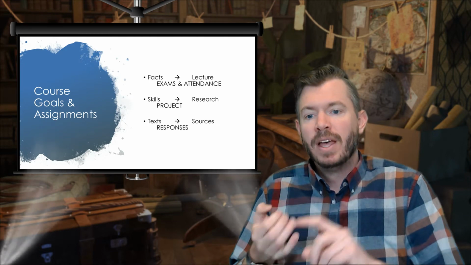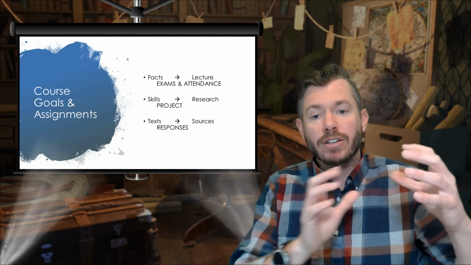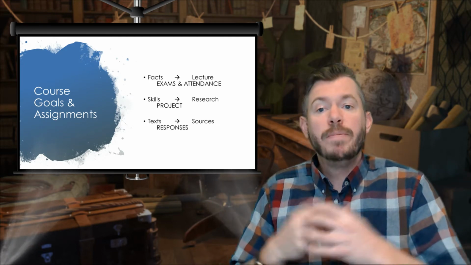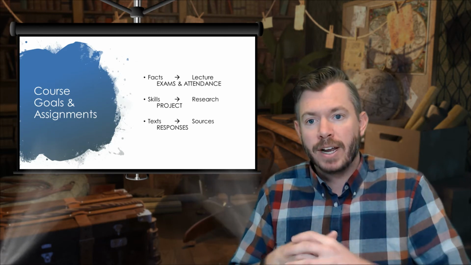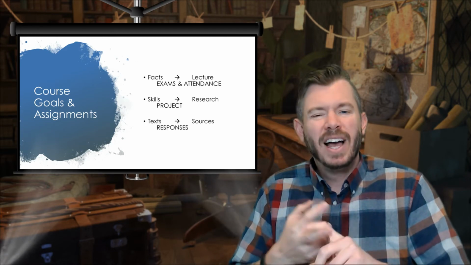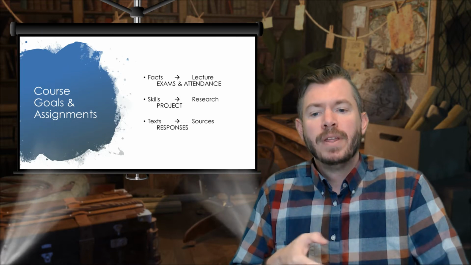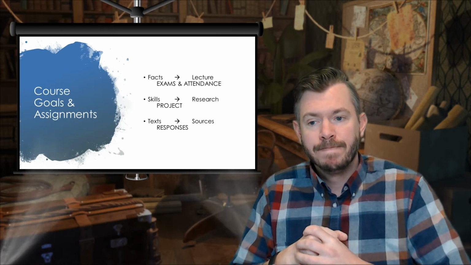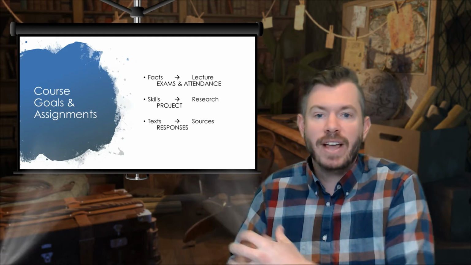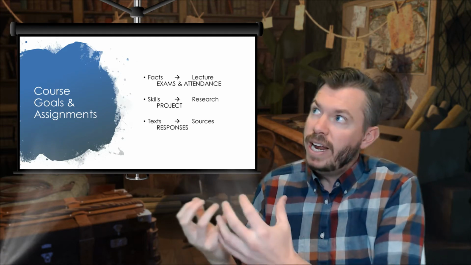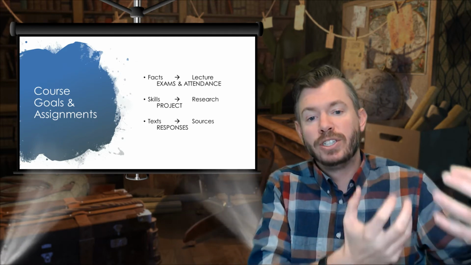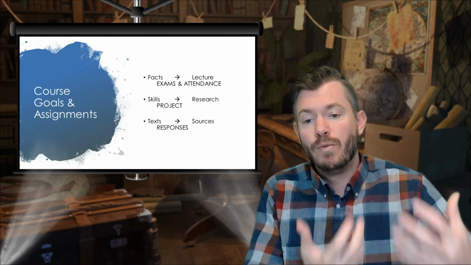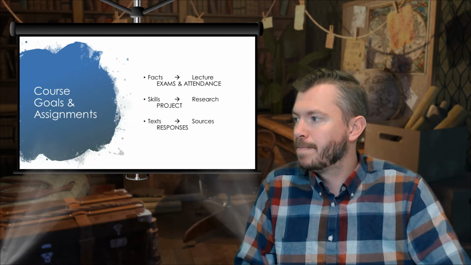Then the skills-based component goes with the research project, and there are going to be 3 components to that: a research proposal, a finalized research paper, and then the project itself at the end of the course. And the reading ability goes with the ancient texts, which are going to be assessed through these weekly written responses.